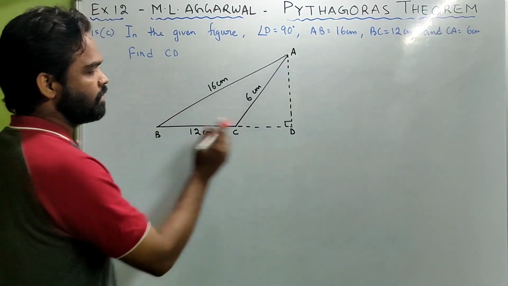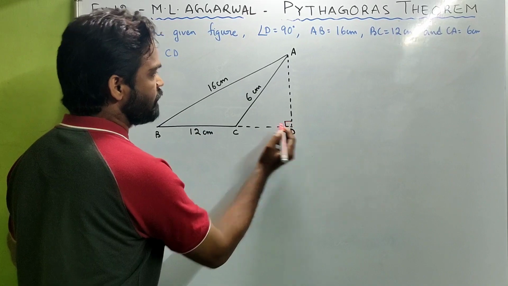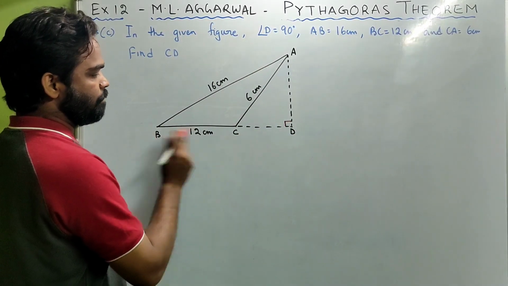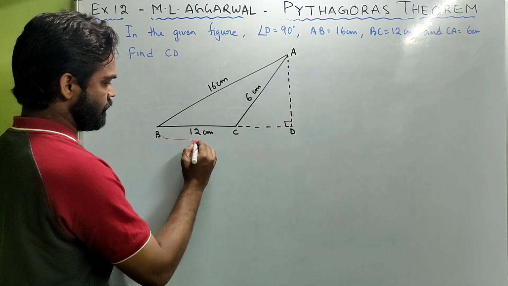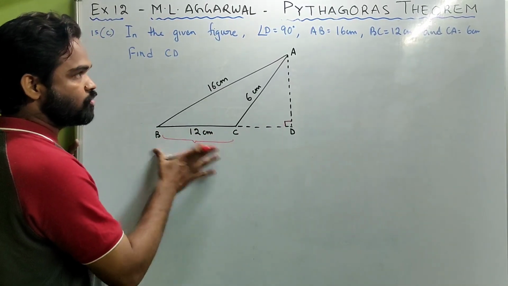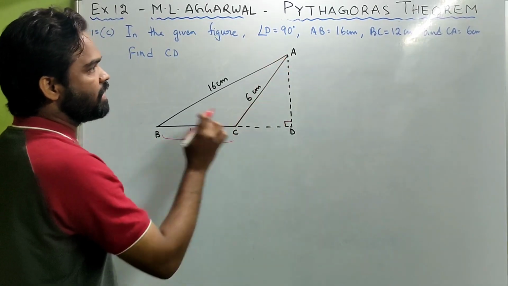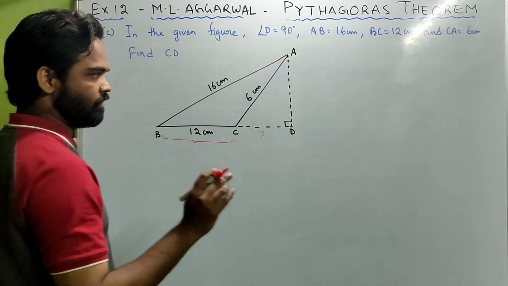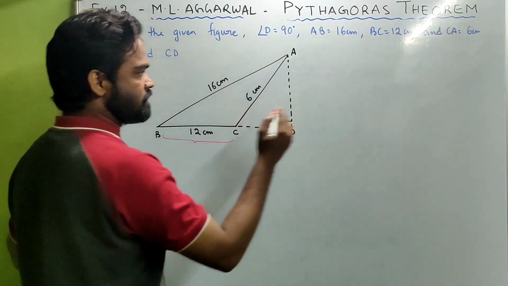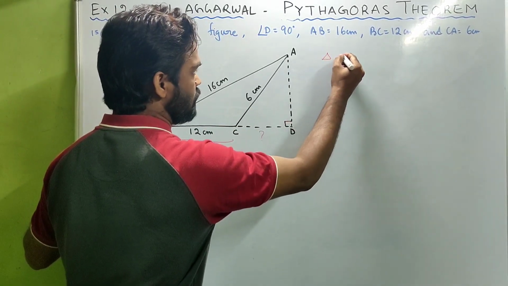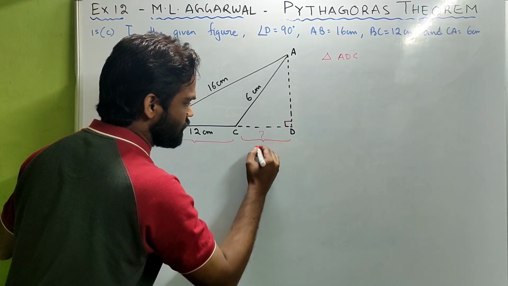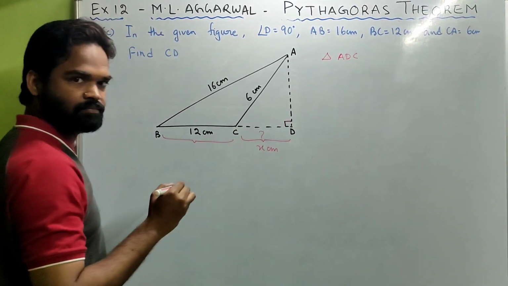In the given figure, angle D is 90 degree. AB is 16 centimeter. BC, which means from here to here, this length is 12 centimeter. CA is 6 centimeter. Find CD. Now look carefully. Again, there are two right angle triangles. In triangle ADC, suppose I take CD as X centimeter.